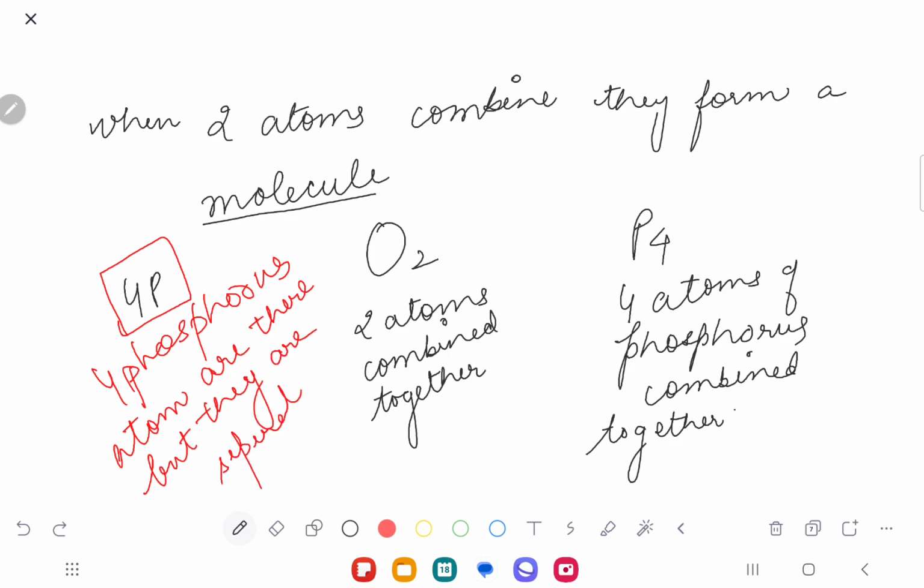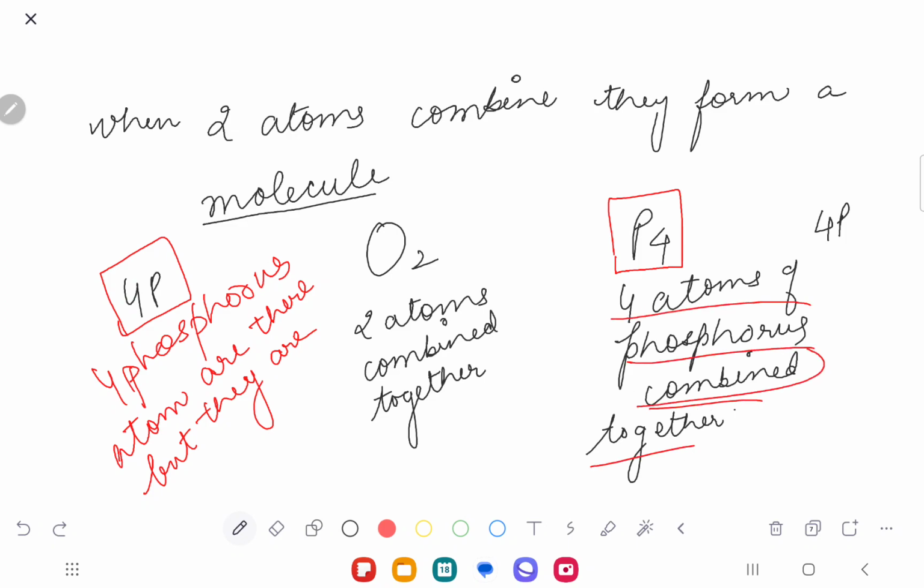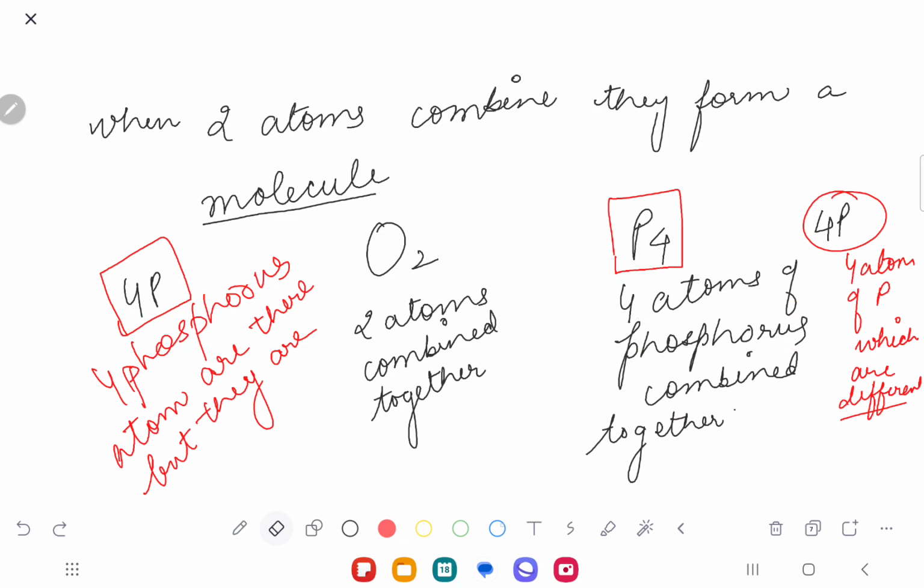What is the difference between P4 and 4P? P4 means four atoms of phosphorus combined together. 4P means four atoms of phosphorus which are separate. Any doubts in this, just tell me.